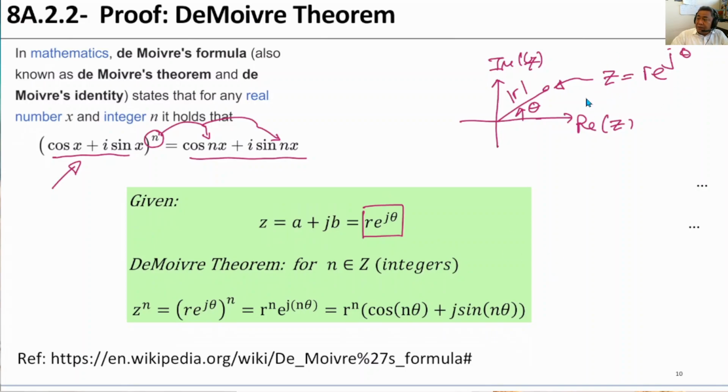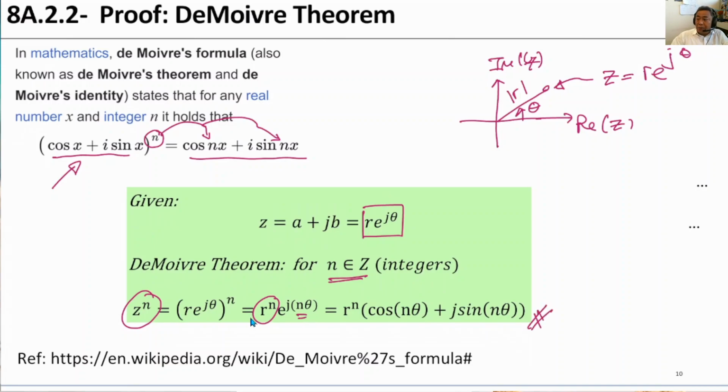When we have z in this complex exponential form, De Moivre's theorem tells us that we can put this exponent n, where n again is only an integer, into the original form such that the modulus becomes exponentiated by n, and the angle is multiplied by n.